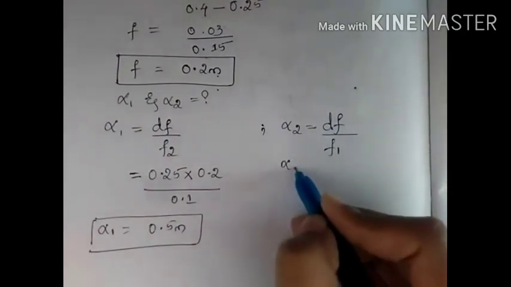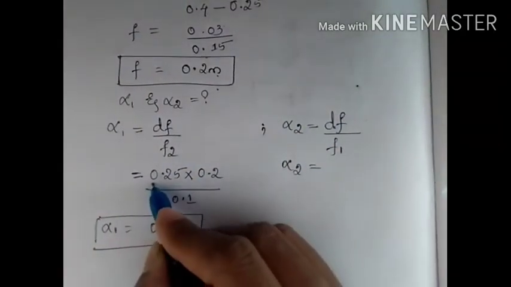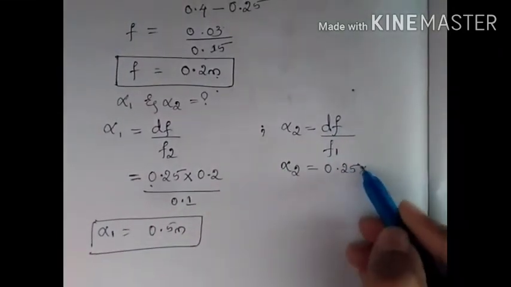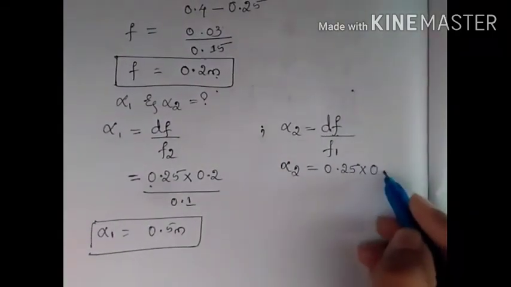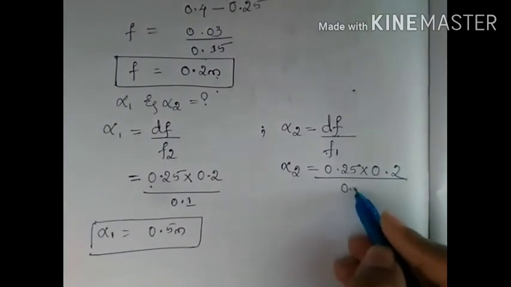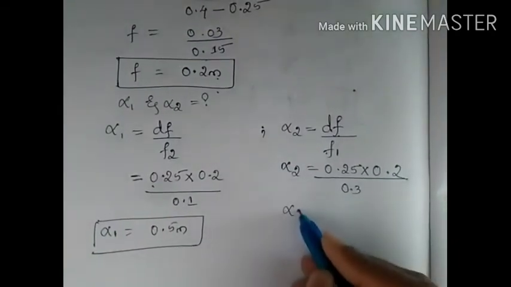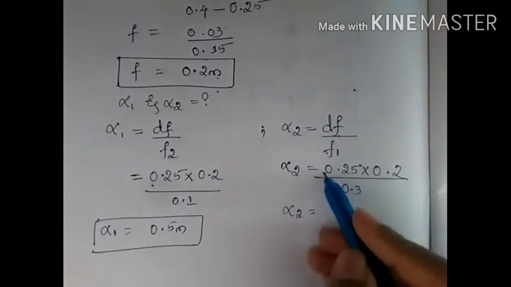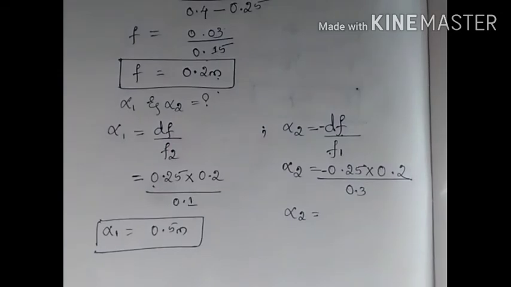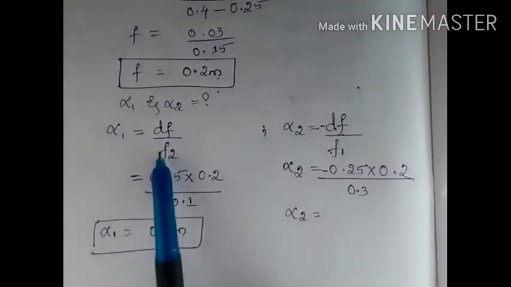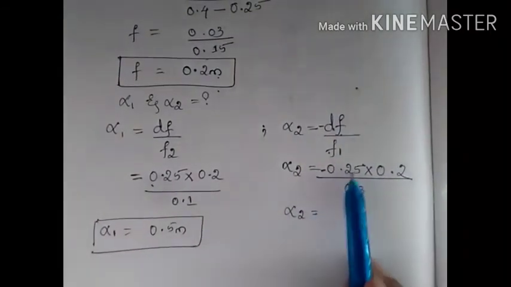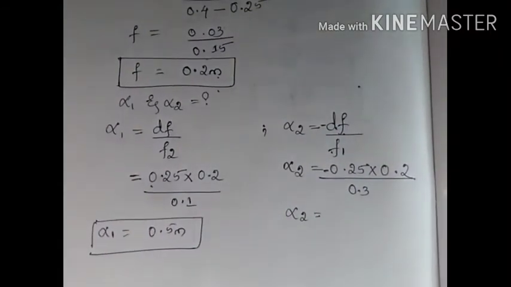Now alpha 2 is equal to d, again the same value 0.25, multiplied by f, 0.2, divided by f1, which is 0.3. So alpha 2 will be what? Here there is a negative sign. So alpha 2 is minus df by f1, whereas alpha 1 is df by f2. So minus 0.25 multiplied by 0.2 divided by 0.3.